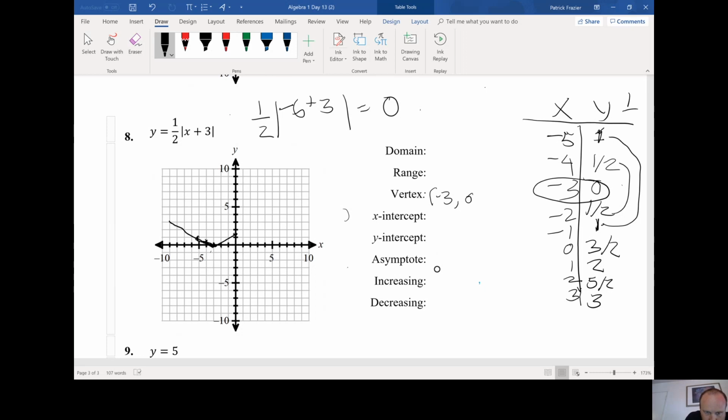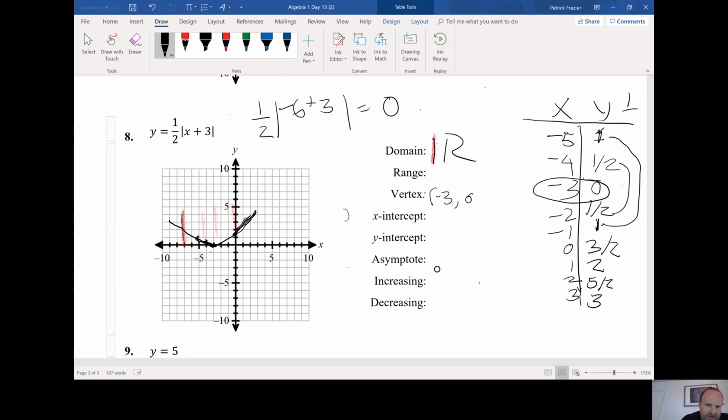Okay, so I don't want to belabor this too much, but we see that it makes our little V shape. And we can also see that there's no restriction on what we can put in for our x values. So x is all real numbers.